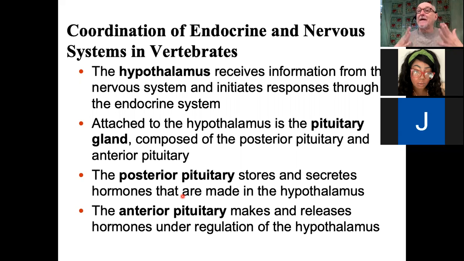It can sense blood pH, those sorts of things, and respond to true changes in blood pH. And the hypothalamus is then going to, when it receives that information, respond by getting the rest of the endocrine system to respond in some particular way.